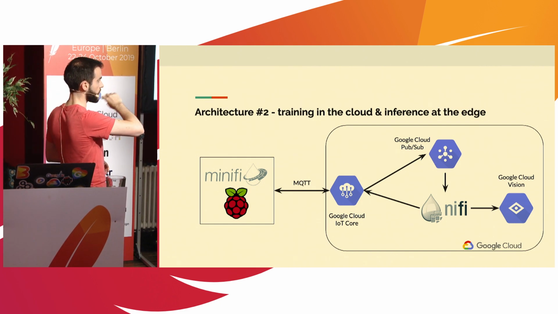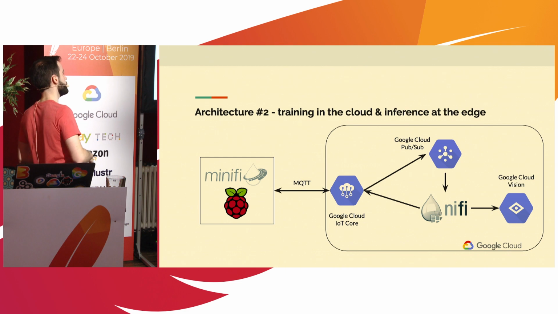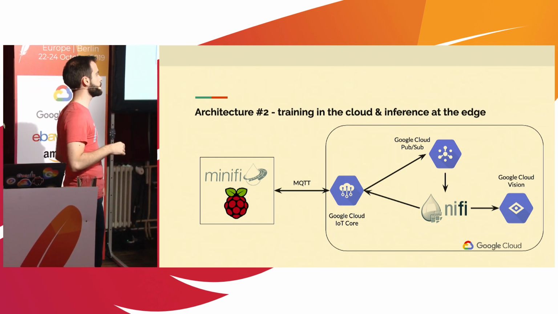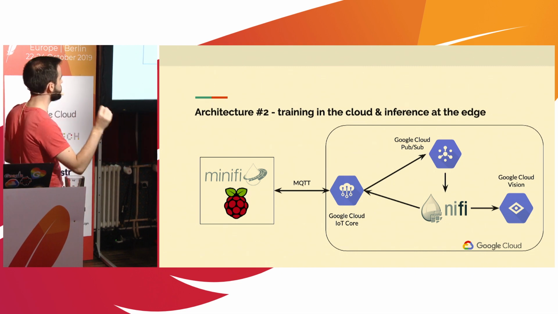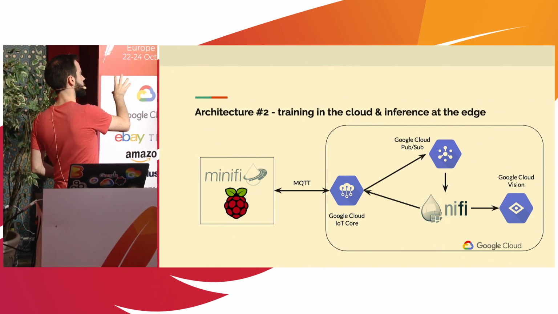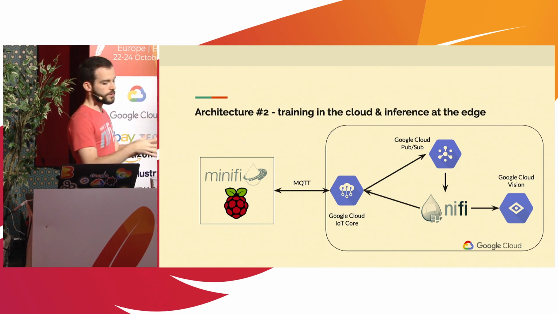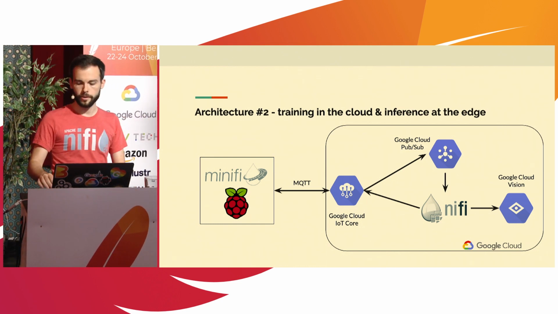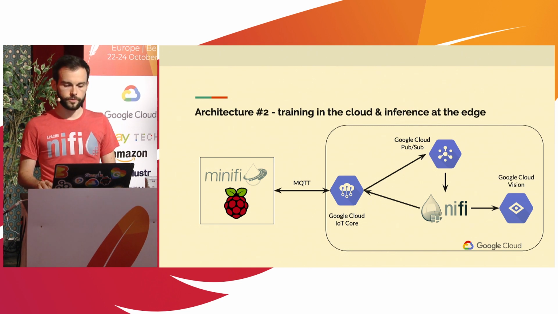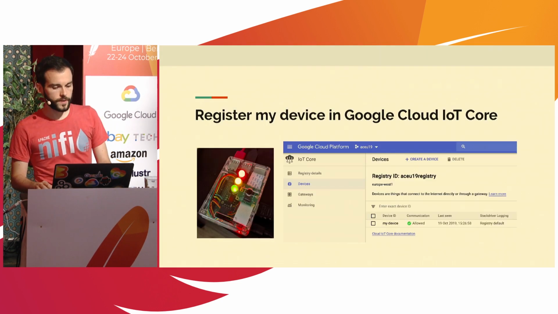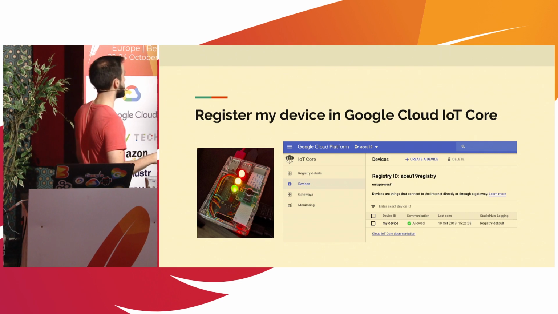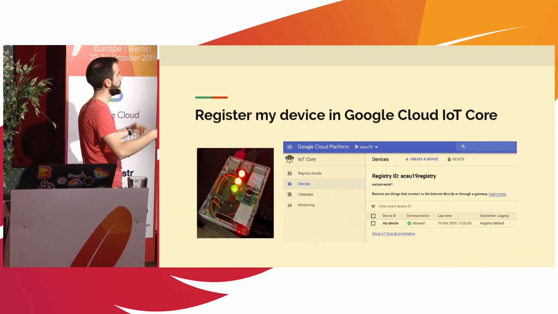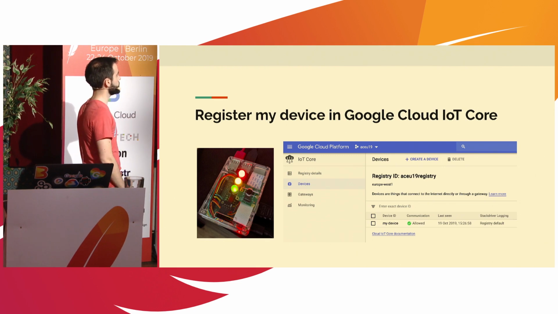Communication through MQTT with Google Cloud IoT Core, but when we train the model in Google Cloud Vision, we export the model and make it available directly on the edge, and the inference, the classification of our image, is happening directly on the Raspberry Pi, which is much faster.